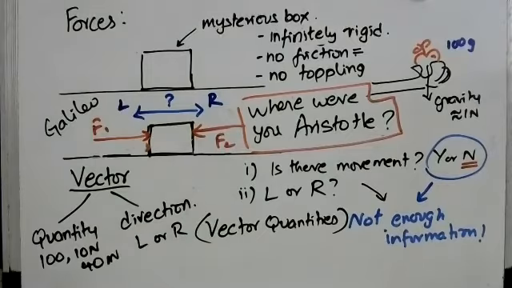In our case, we'll stick with left or right. You need both these pieces of information to be able to predict what is going to happen. Without both, you will not be able to conclusively say anything. So such quantities are called vector quantities.